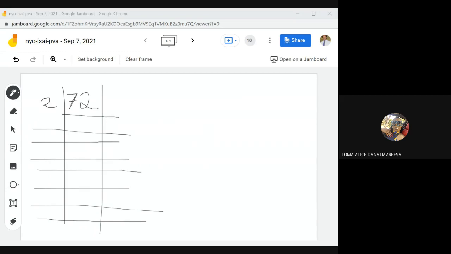Then I saw that 72 has got more weight compared to 64. Since it has more weight, it means that our transistor is on. Then I put 1 on top. After that, I subtracted 72 minus 64 and got 8.